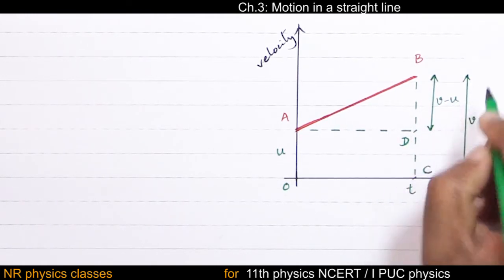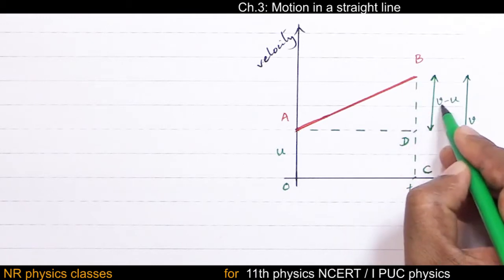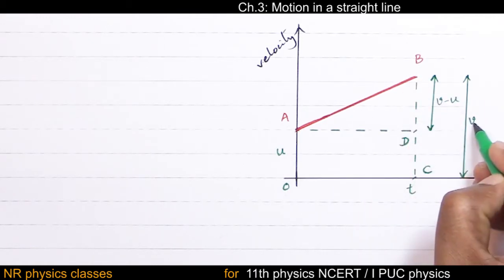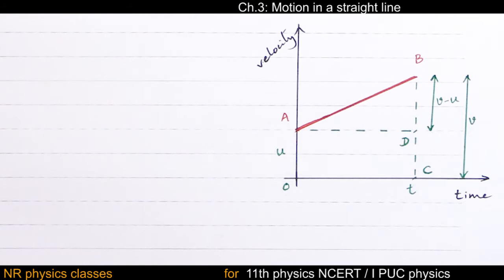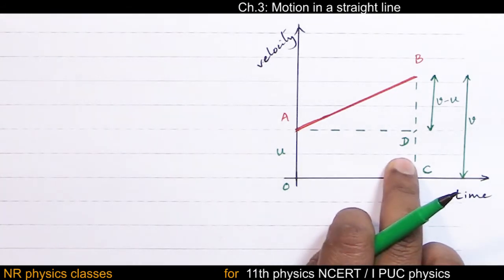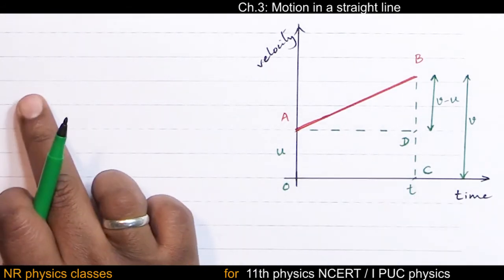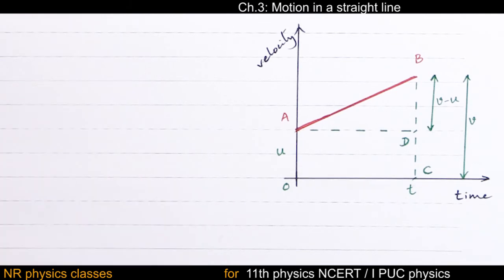So BD is v minus u. BC is final velocity v. So using this graph, we should derive equations of motion.